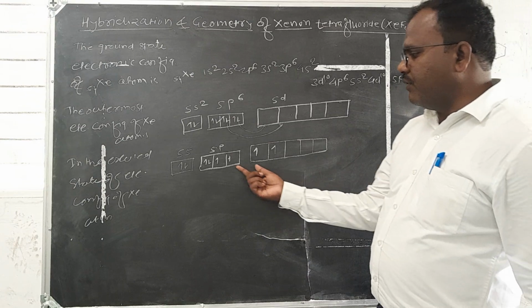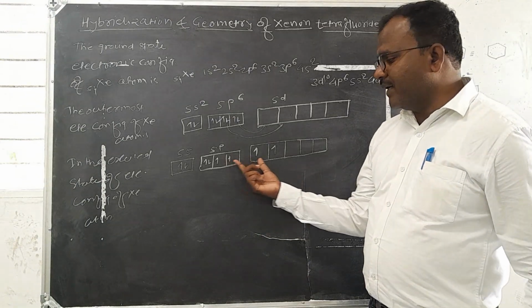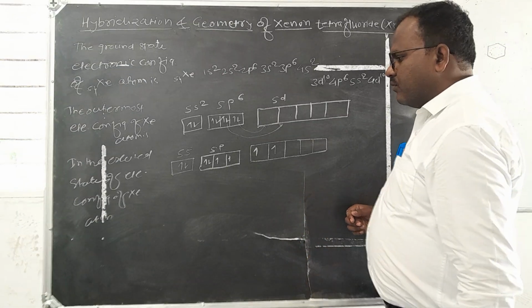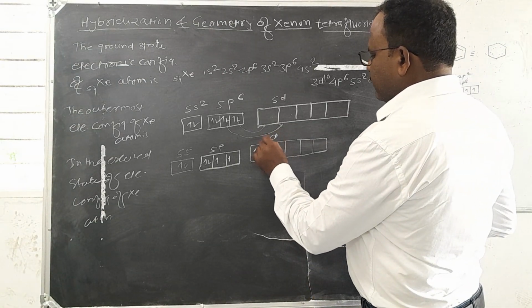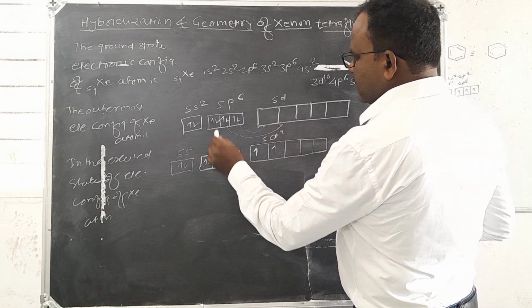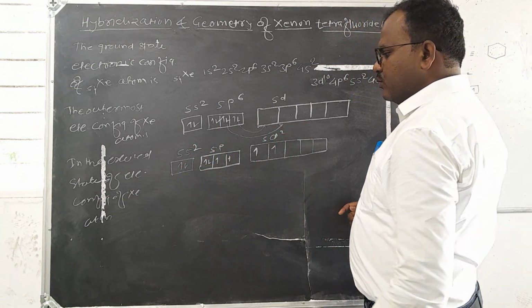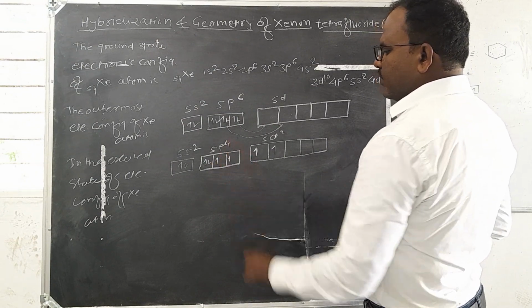It means that a total of 4 unpaired electrons are formed. This is the 5d orbital with two unpaired electrons, and 2 electrons are present in the s orbital and 4 electrons in the p orbital.